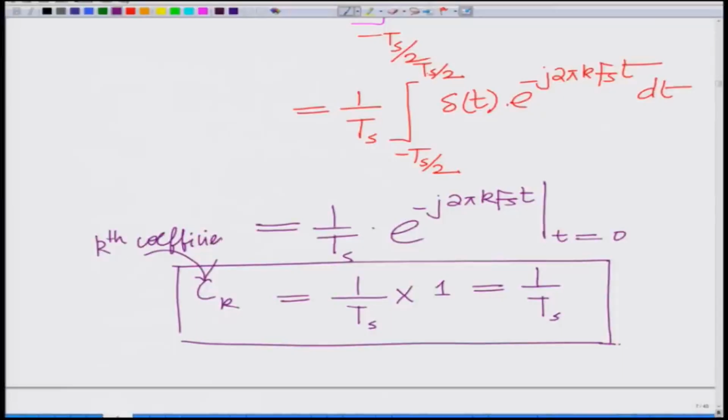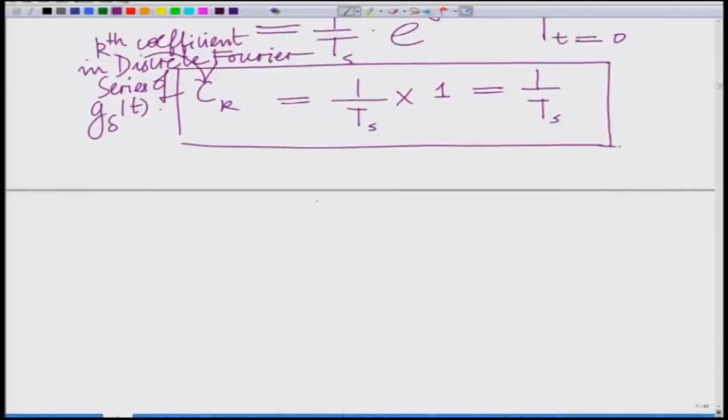So, each C_k has a very simple expression; this is the kth coefficient in the discrete Fourier series of g_delta(t).